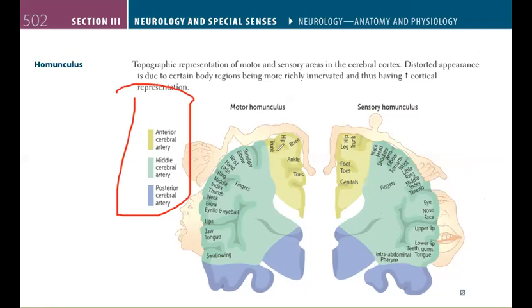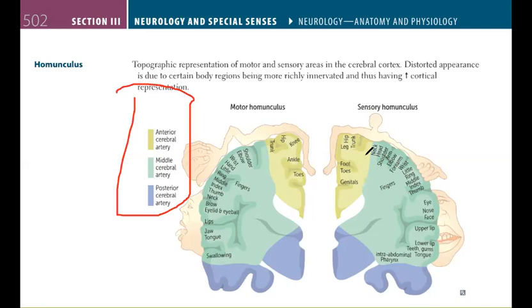This little portion receives the sensory stimulus, the input from your sensory pathways, to this region of your sensory homunculus. You see, the closer you are to the central sulcus, the region is supplied by the anterior cerebral artery.